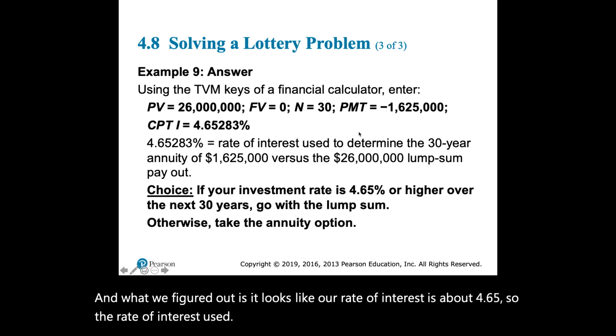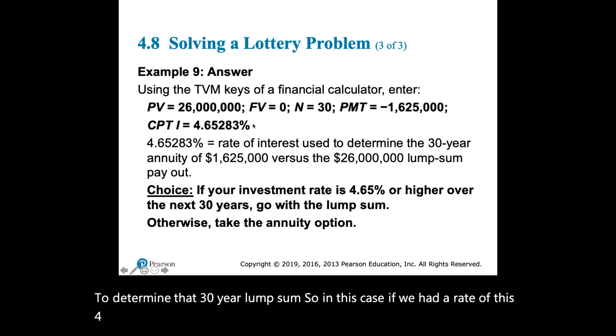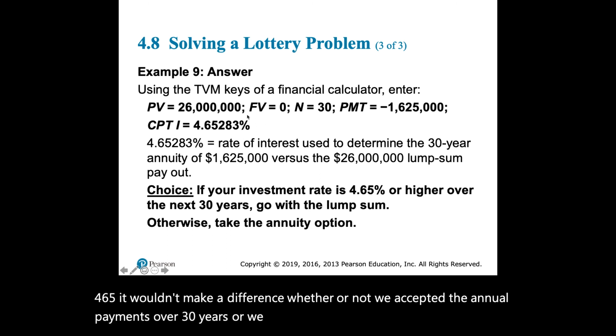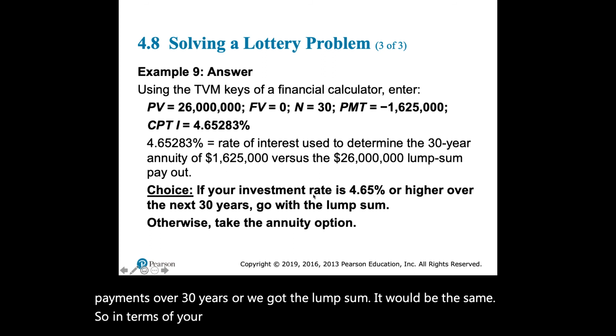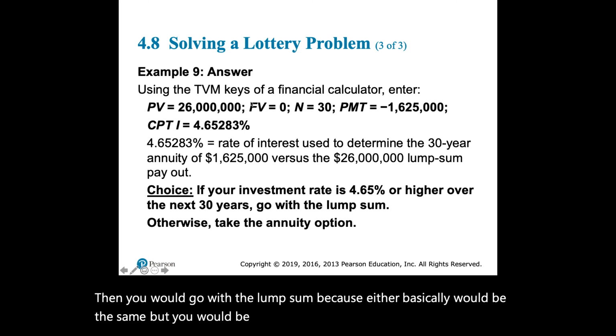Okay, so in this case, if we had a rate of 4.65%, it wouldn't make a difference whether or not we accepted the annual payments over 30 years or we got the lump sum. It would be the same, okay? So in terms of your choice, if your investment rate is 6.5% or higher, okay, then you would go with the lump sum because basically it would be the same, but you would be getting $26 million right away, which of course is better than getting it in 30-year installments.